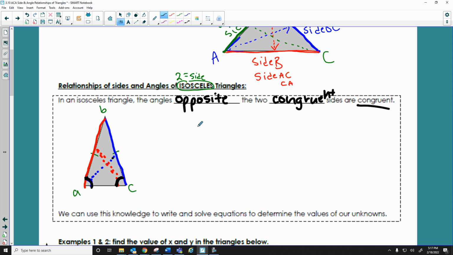Okay, so the way that we can write that, we're not going to write that in sentences always, there's math speak that we can write.